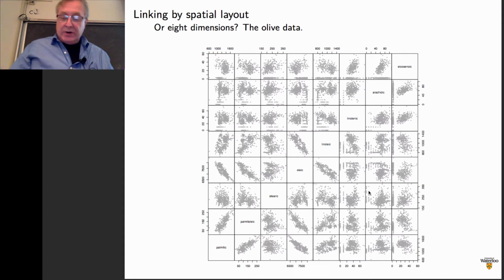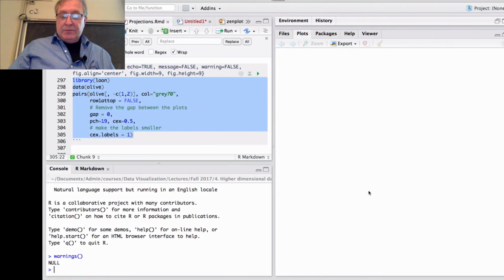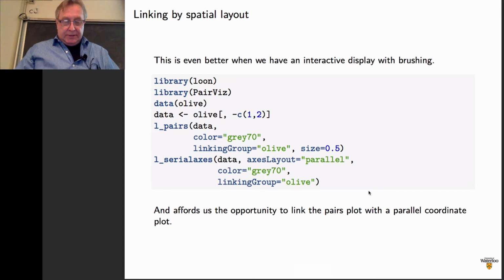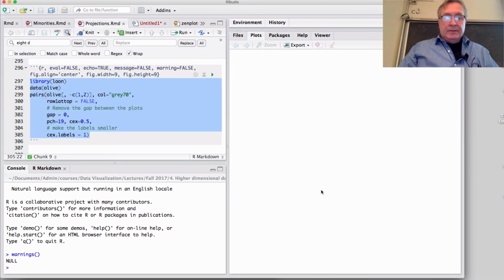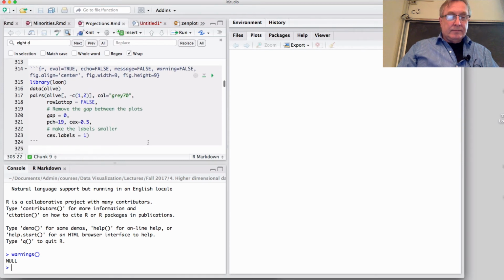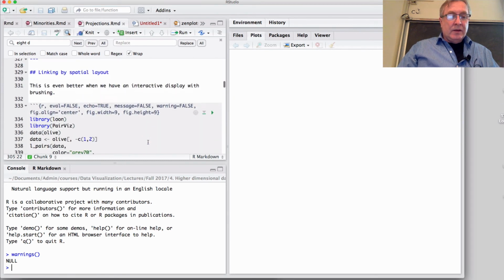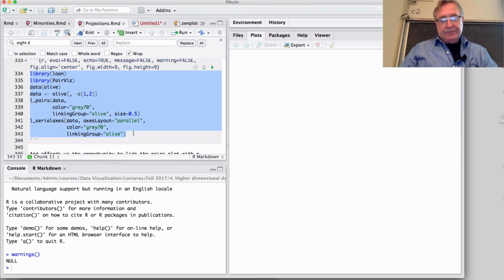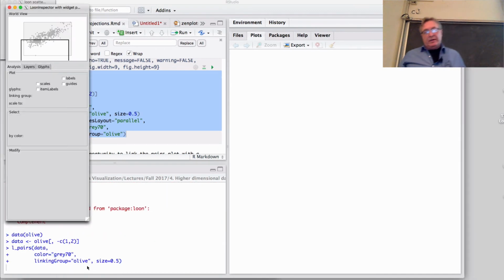Okay, so it's great that you can go to large numbers of projections. And here's where I am. So the next one, in Loon, same sort of thing. Now becomes a little more interesting if you can make that interactive.